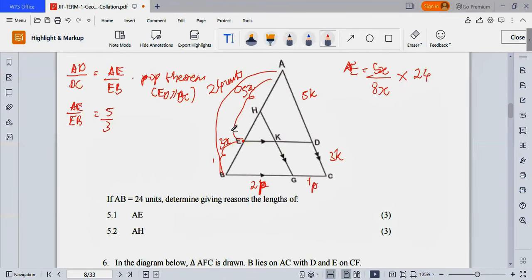So this is 5 parts of 24, this is 3 parts of 24. We are trying to get 5 parts out of 8 parts for 24. Then that's 5 over 8 times 24. This gives us AE as 15 units. So this is one way to solve it, 15 units.